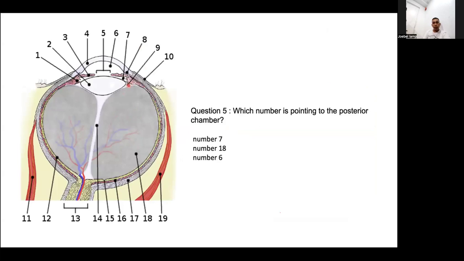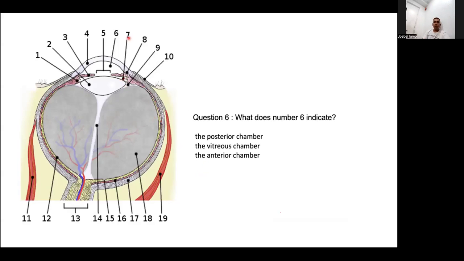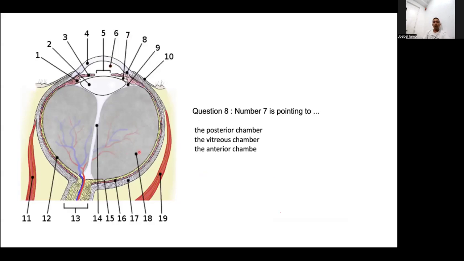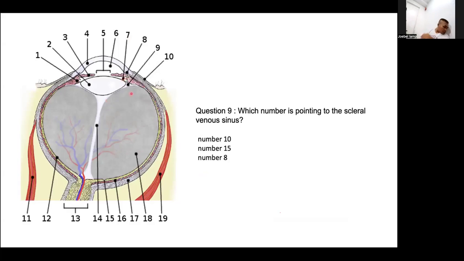Okay. Number 9. Zonular space. Posterior chamber. 7. Number 6. The anterior chamber. Vitreous chamber is what number? 18. So this one. Number 7. Posterior chamber. Scleral venous sinus.